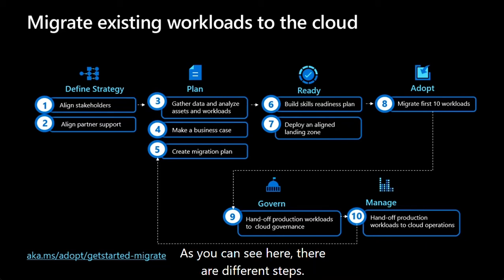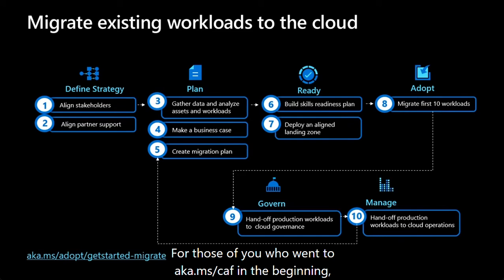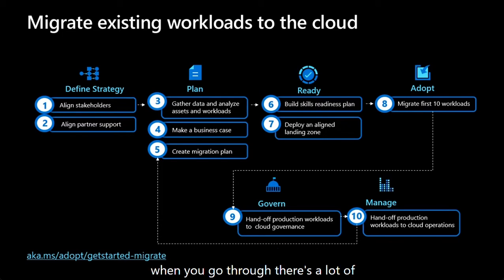As you can see here, there are different steps. Step number 1 and 2 is to align your stakeholders and align your partner support under defined strategy. Under plan, you gather your data and analyze assets and resources, make your business case, create a migration plan, and then so on and so forth. So for those of you who went to aka.ms/CAF in the beginning, when you go through, there's a lot of documentation.